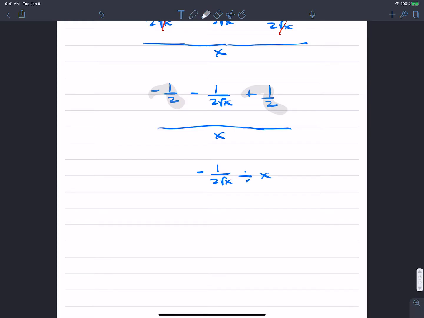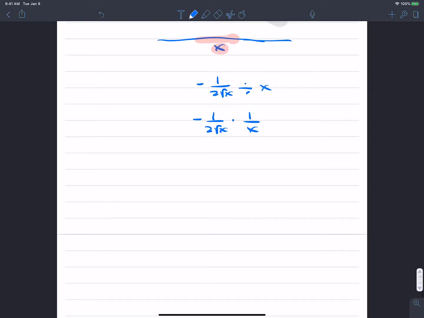I'm going to write this using the horizontal definition of division. And then at this point, we get minus 1 over 2 square root of x times the reciprocal, 1 over x. So my second derivative function will be minus 1 over 2x square root of x. So double check to see if we're okay with that.